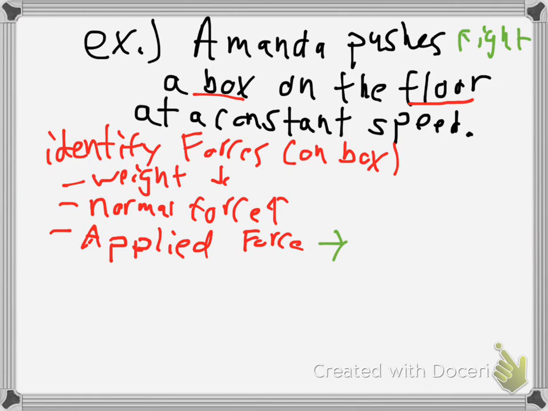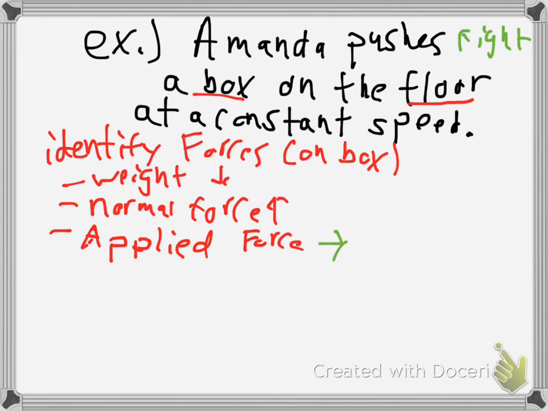And you need to stop and think about this. If these were the only three forces on the box, it would be accelerating. It would not be at a constant speed. Because what we will see is that the weight force and the normal force will balance each other out in the vertical direction. But in the horizontal direction, right now we are only talking about the applied force, which is to the right.